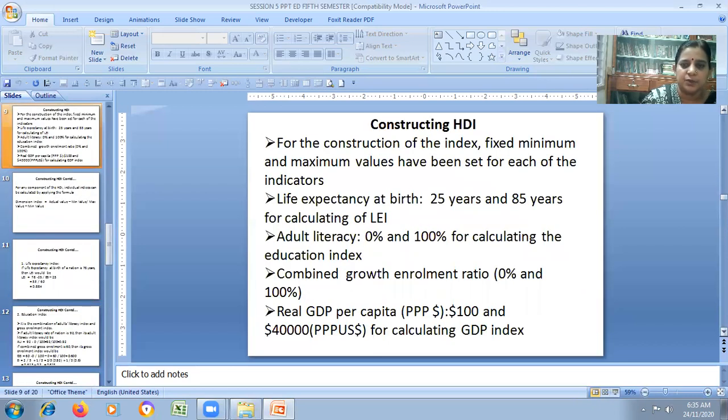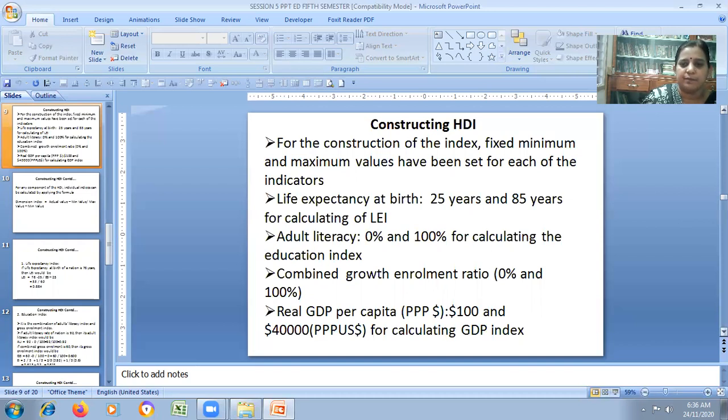Now let us move on to constructing Human Development Index. For the construction of the index, fixed minimum and maximum values have been set for each of the indicators. For example, life expectancy at birth: we set minimum as 25 years and maximum as 85 years for calculation of life expectancy index.